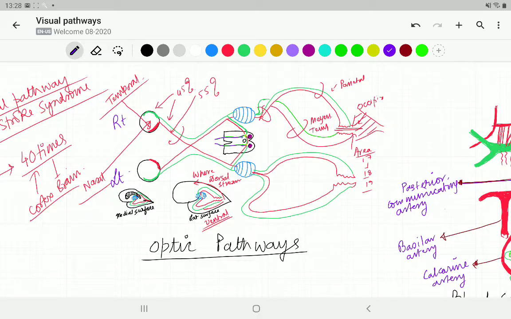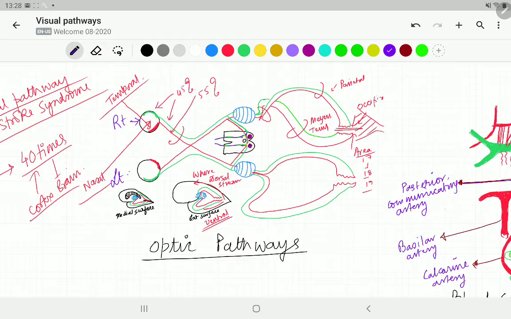So that's how the light reflex is carried, and remember that from the pretectal nucleus there is decussation. So they not only go to the same side Edinger-Westphal nucleus, they also connect with the opposite-sided pretectal nucleus, which also stimulates the Edinger-Westphal nucleus on the opposite side. So that's why you get the direct light reflex, where the pupil constricts on the side where you throw the light.